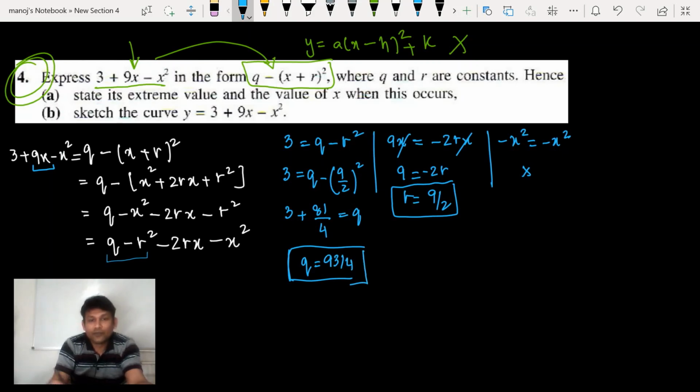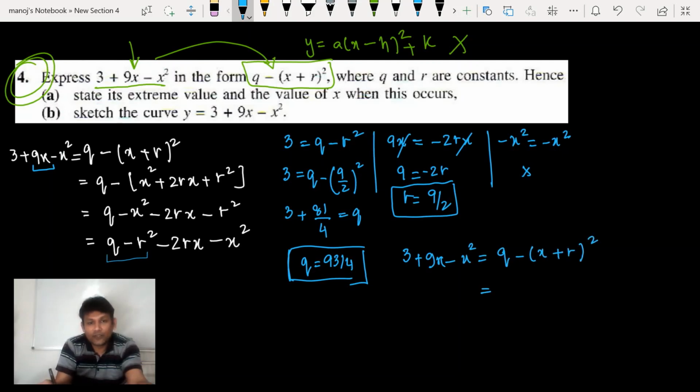Okay, now your equation, 3 plus 9x minus x square is equal to q minus x plus r whole square.